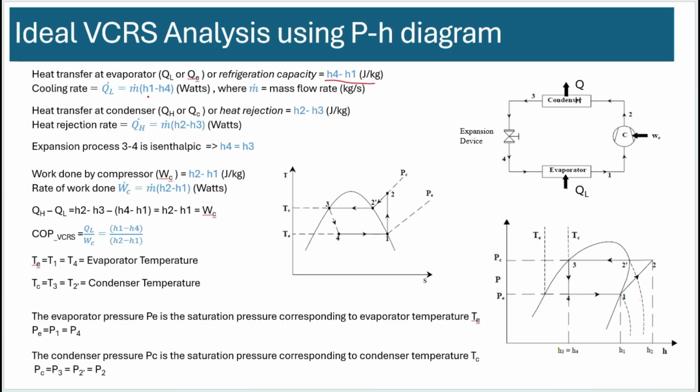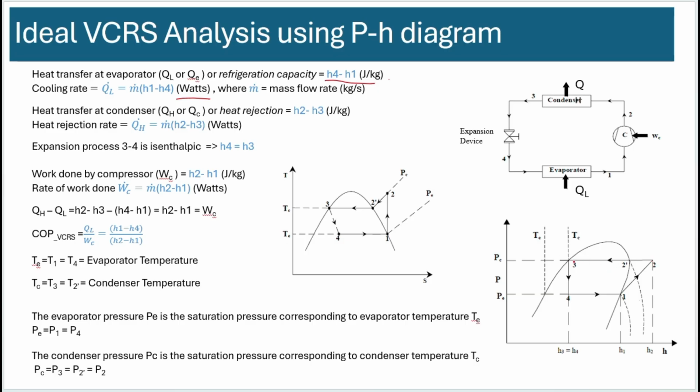Cooling rate is basically, so this is in joules per kilogram. If you multiply that with the mass flow rate, if you know how fast the refrigerant is moving through the system, and the mass flow rate at steady state will be constant everywhere in the system. Okay, so mass flow rate is multiplied with the change in enthalpy to get the actual cooling rate in watts. Now heat transfer at the condenser, or the heat rejection, is basically between 2 and 3.